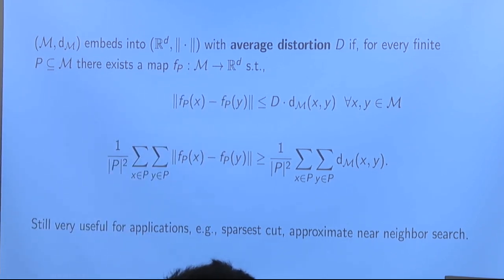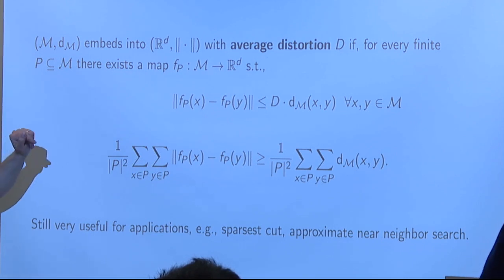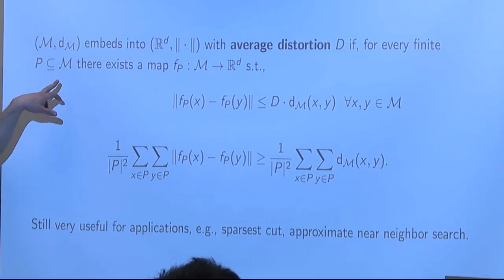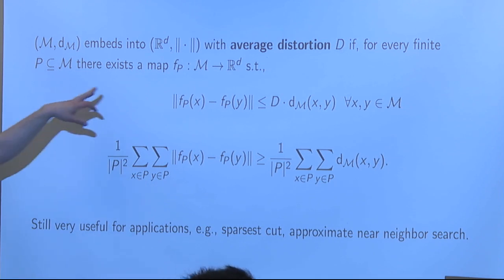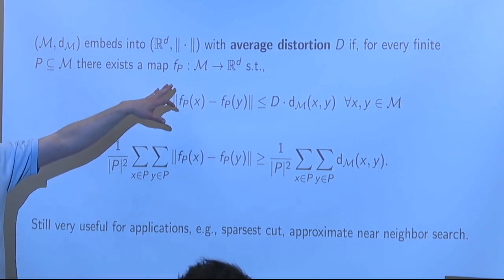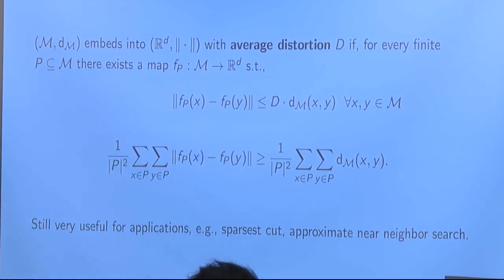I want that for every finite point set P in the metric space, there exists a map. This will be the embedding. And this map can depend on the point set P. Okay. And what I ask from this map is the following.